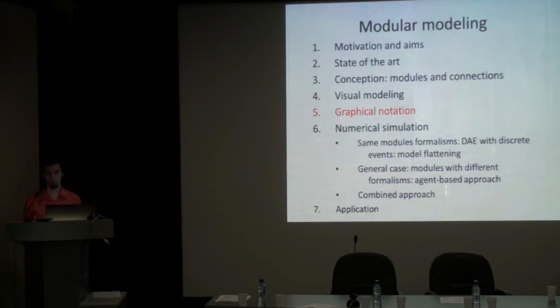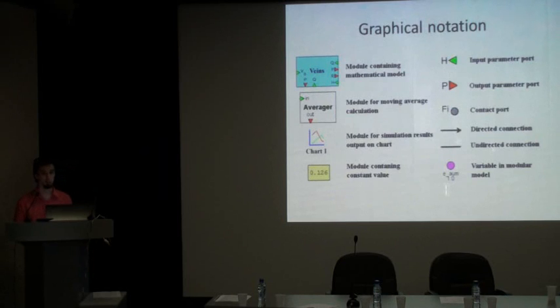So, the first step is to define our graphical notation. Here it is presented. It includes visual symbols for modules: a mathematical model, a special technical model for moving average calculation, a model followed with a simulation-relevant chart, a model containing one constant value, and graphic notation for input port, output port, shared port, directed connection, undirected connection, and a variable on the model.